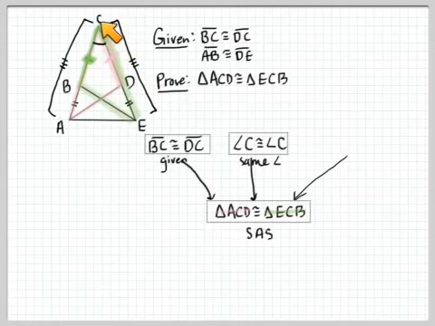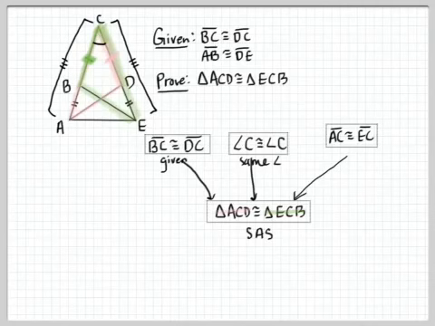in the green, E to C, is congruent to this in the pink, A to C. AC congruent to EC. But the reason I know that is I get that by adding together the two givens. If you notice, the givens here are what I need to add.